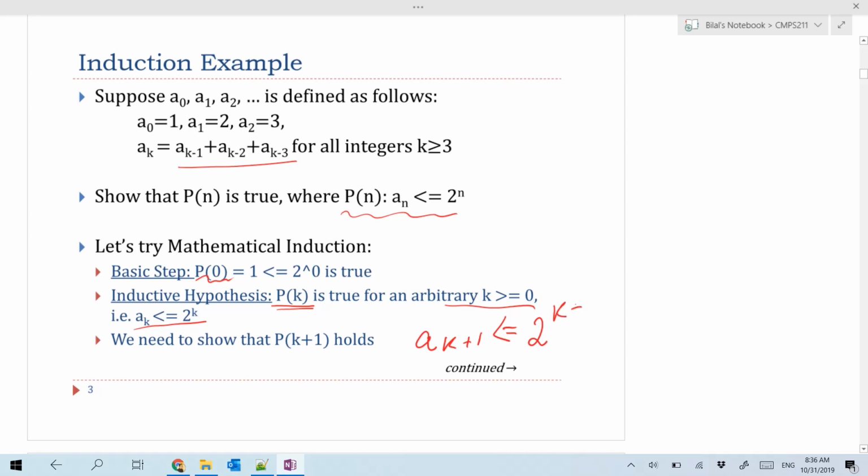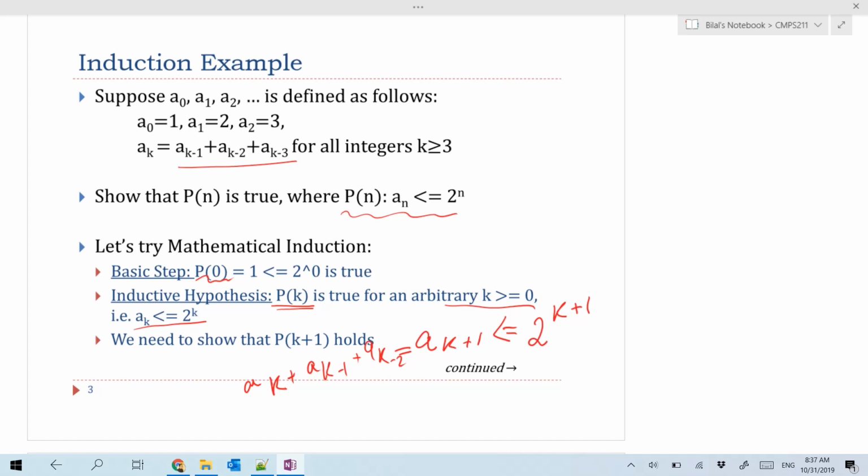And we know that a_{k+1} is equal to a_k plus a_{k-1} plus a_{k-2}, by definition. So the element number k plus 1 is equal to the sum of the 3 previous items, a_k, a_{k-1}, a_{k-2}. We can replace a_k by 2 to the power k, actually.